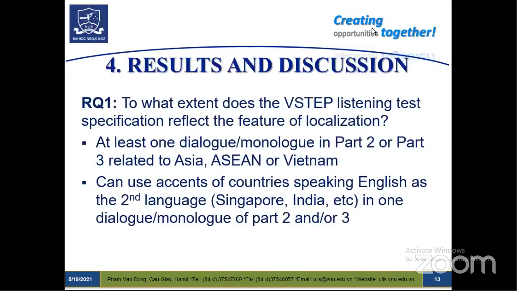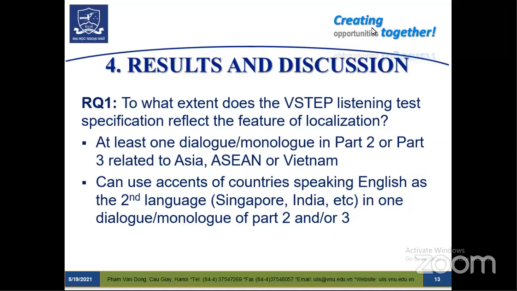And here come some of our result discussions. For the first research question, when we talk about the test spec, we see that localization features clearly exist, through the information that there should be at least one dialogue or one monologue in part 2 or part 3 of the test related to Asia, ASEAN, or Vietnam.